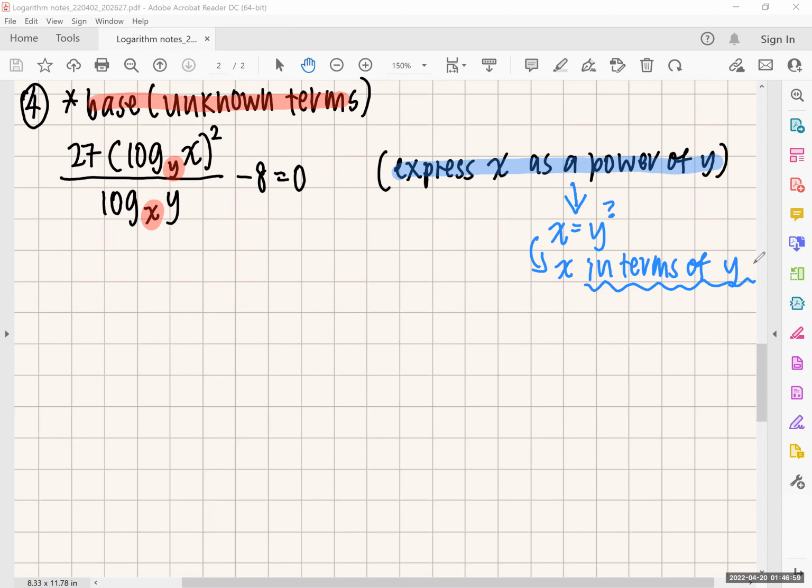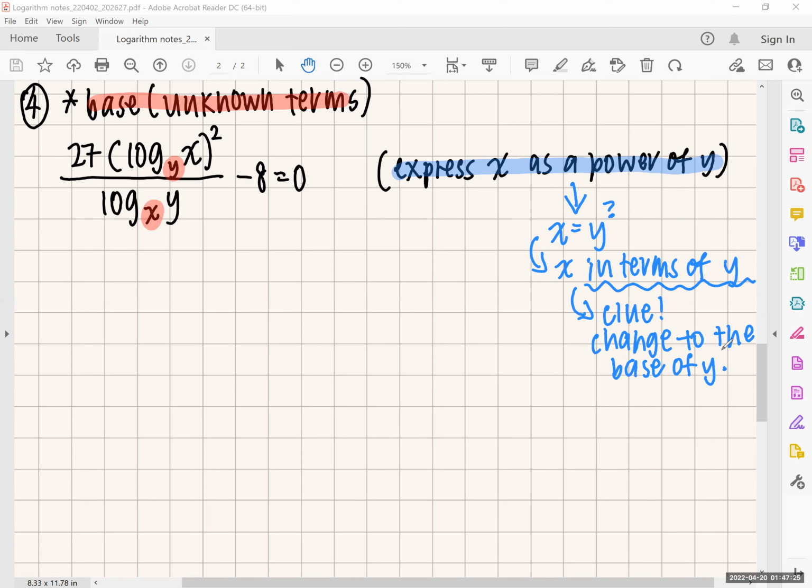Agree on that? And one more step further, this is a clue to tell you that because you want it in terms of y, you have to change to the base of y. So that will make your life a lot simpler. Okay, so this is the first thought process.